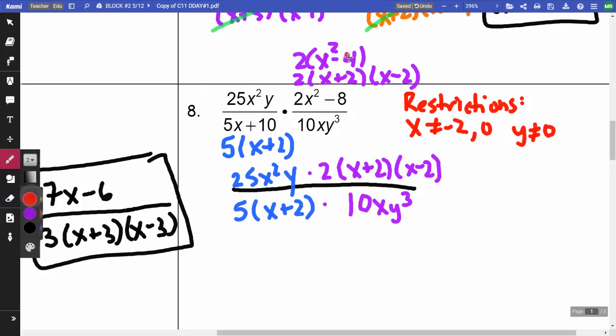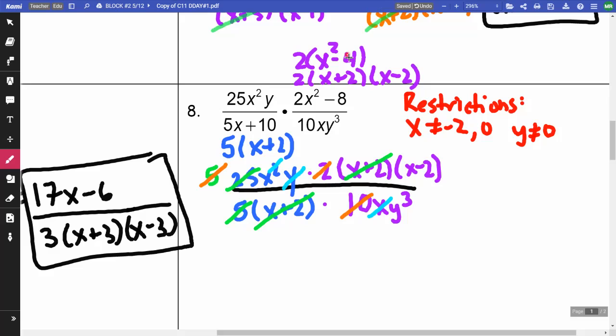So now let's see if we can simplify some things. So it looks like I have an x plus 2, x plus 2. I can take this 5 into 25, which leaves me with a 5. And then I can actually simplify. I'm going to do this in orange. I can simplify this 5 and 2 with that 10. So that's all gone. Let's see. I also have this x with this, so I get just an x.